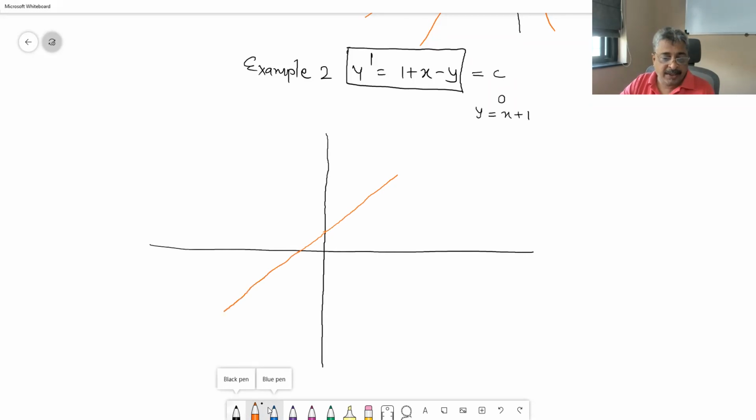This is the isocline on which I am supposed to draw the tangent segments having slope 0. Like this, at least we have to draw 6 isoclines and draw corresponding tangent segments on those isoclines.